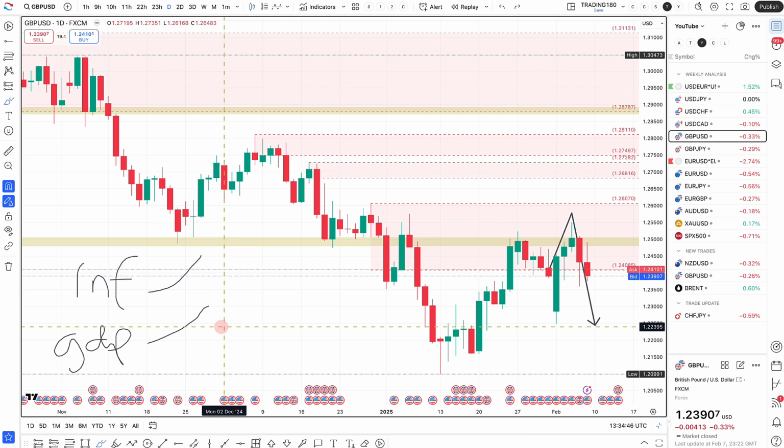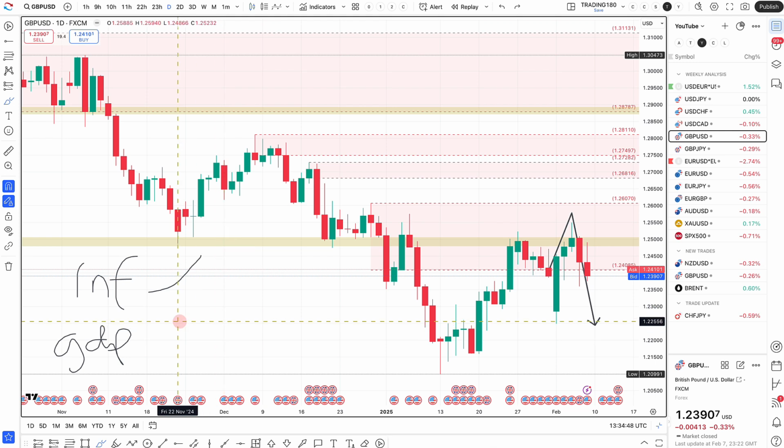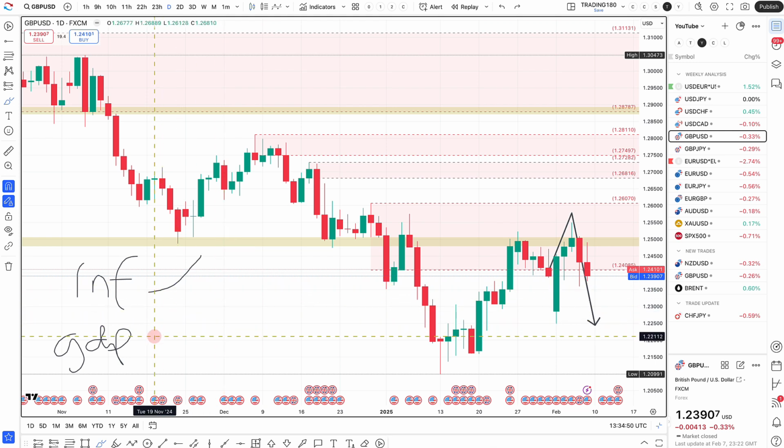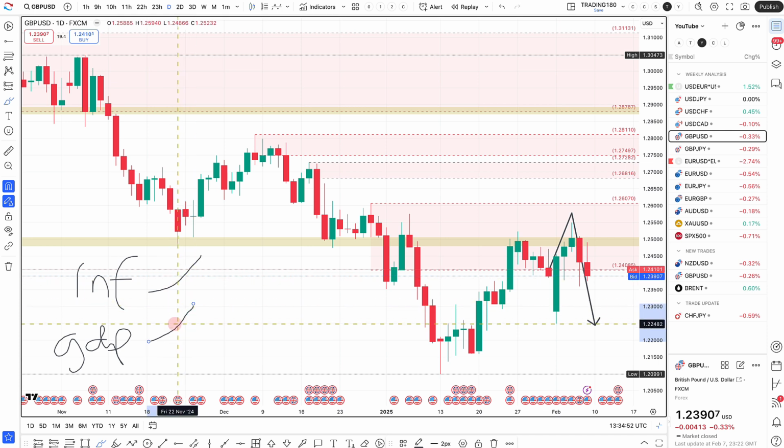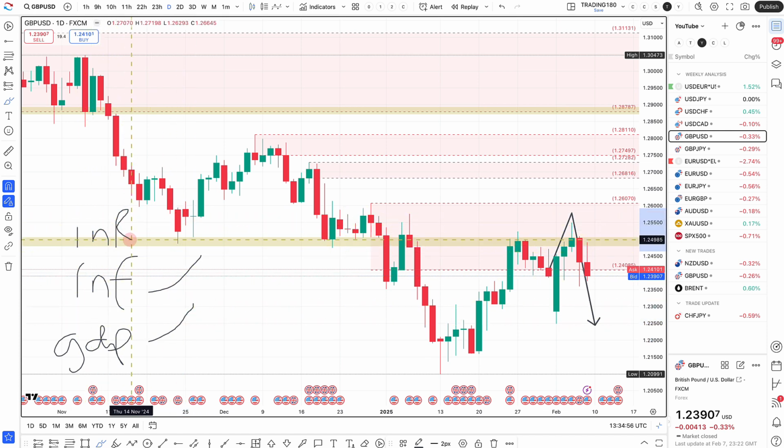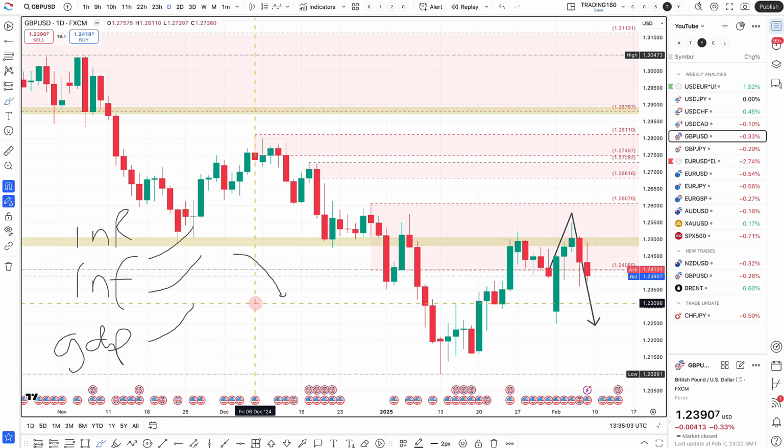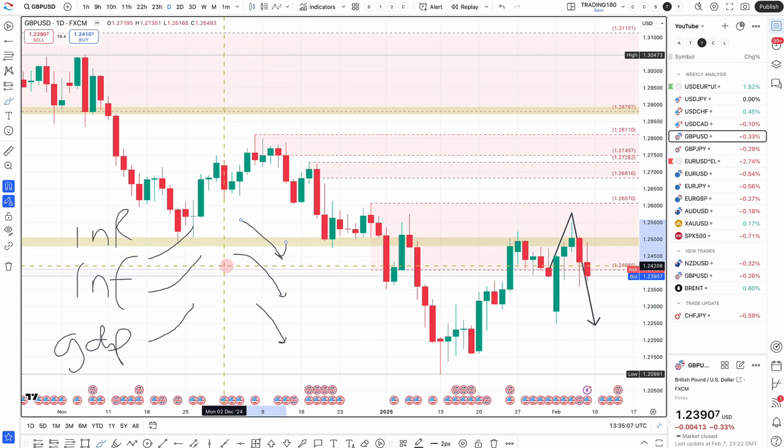Now, with inflation going higher and GDP going higher, you normally have interest rates that also go higher. And when inflation and GDP are on their way down, interest rates are normally held or cut. That's what normally happens in a normal cycle.